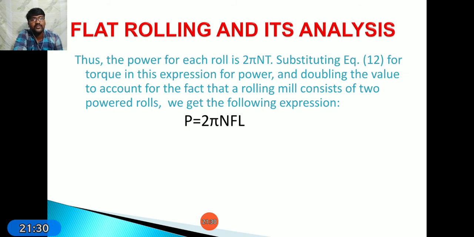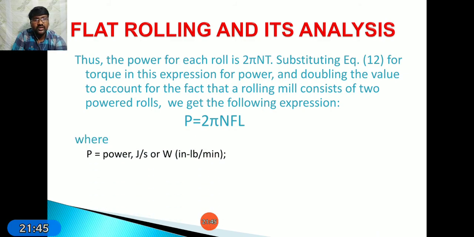Generally in the previous equation torque equals 0.5 into F into L for one roller, but here we are calculating for two rollers, so we take 2 pi n into FL. Here P is power, in joule per second, which is known as watt.